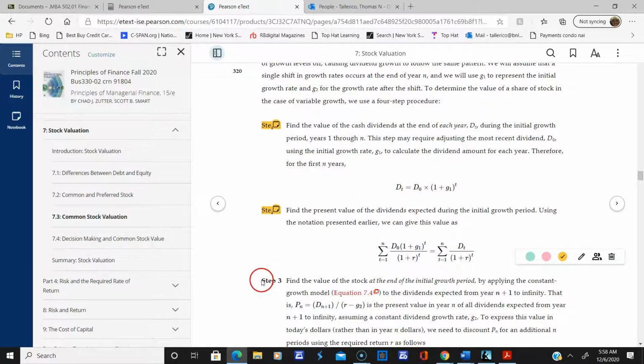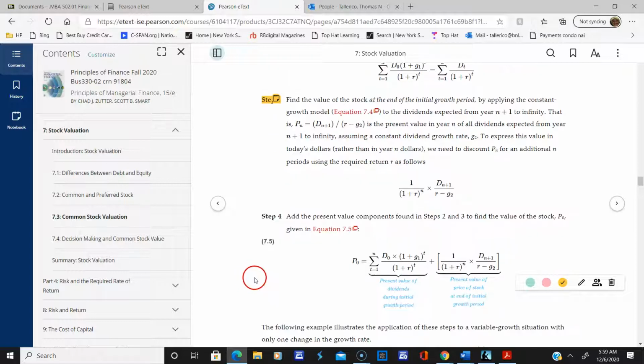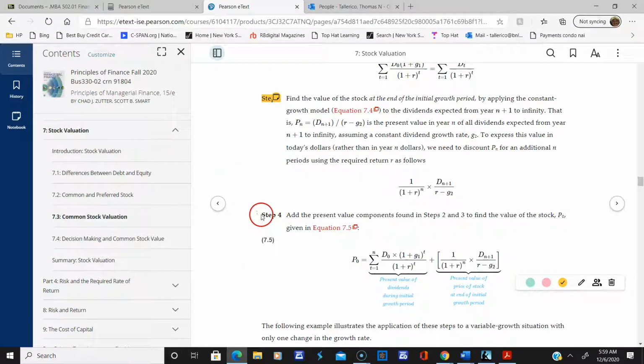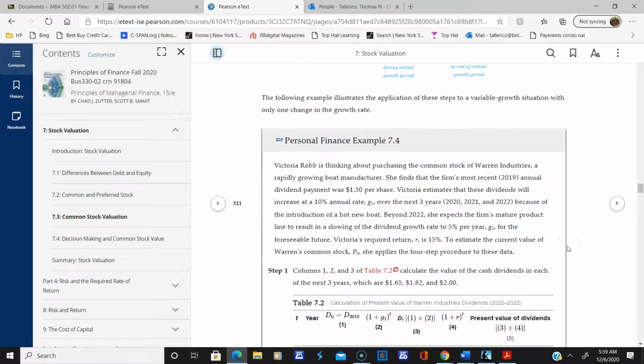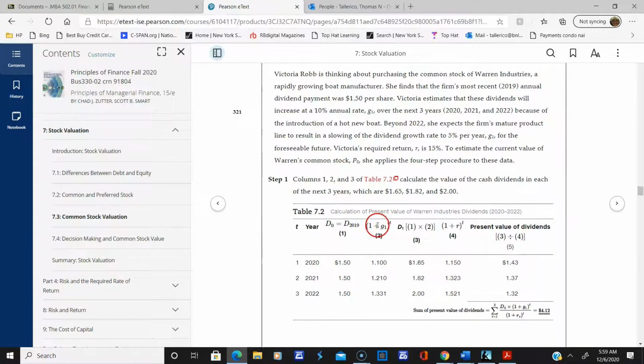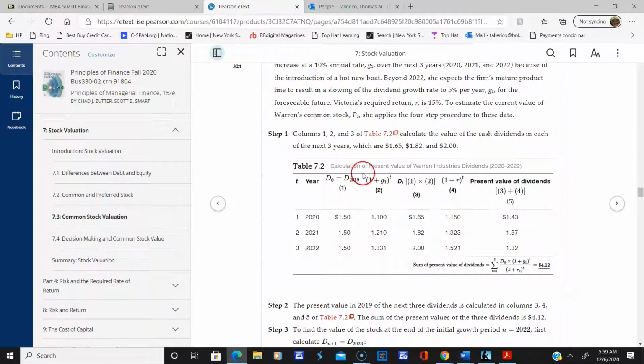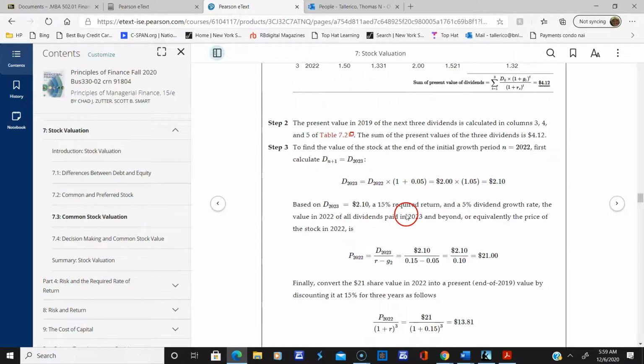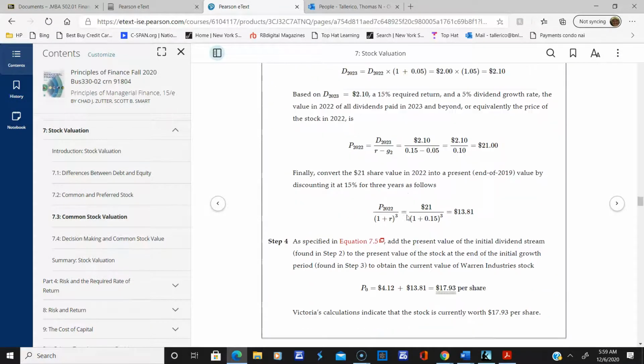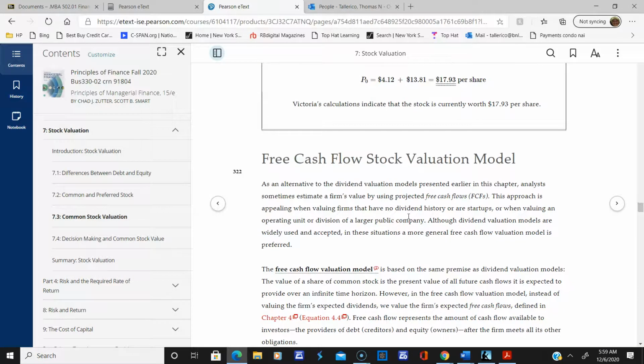Okay, so I just want to make that clear to everyone. You could read it on your own if you'd like, but it's several steps long and it gets very cumbersome. They have an example here of the variable growth model, and you can go through it step by step if you'd like. It's a good example to go through, but again, you're not responsible for that.